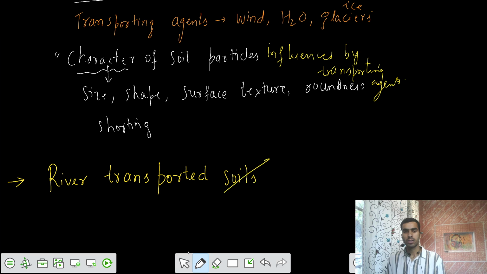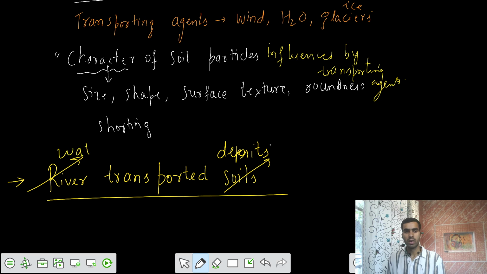We can also call them deposits. In terms of river, we can also say this is water transported soils. Usually the main reason for transportation by water is the river, so river transported soils.